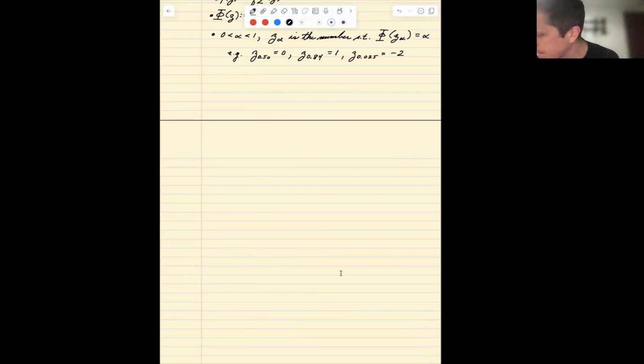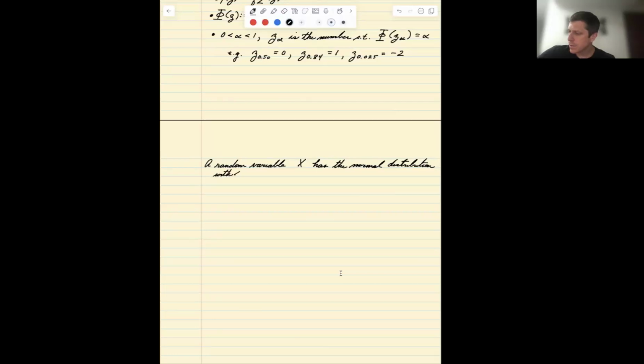A random variable x has the normal distribution with parameters mu and sigma squared, written as x distributed normal mu sigma squared, if z, which we define as the normalized version, so we subtract the mean and then divide by the standard deviation of x, is a standard normal random variable.